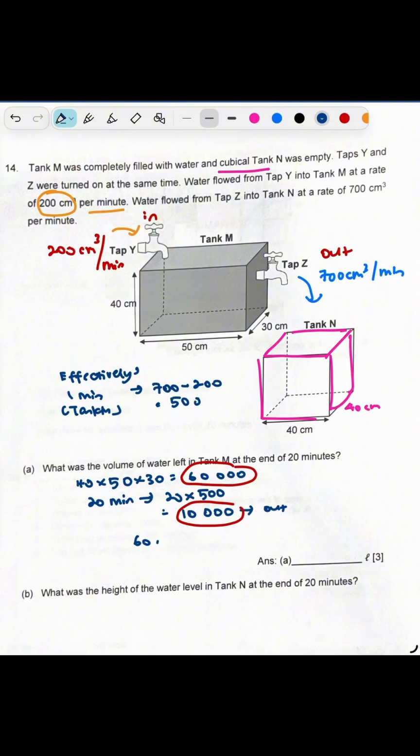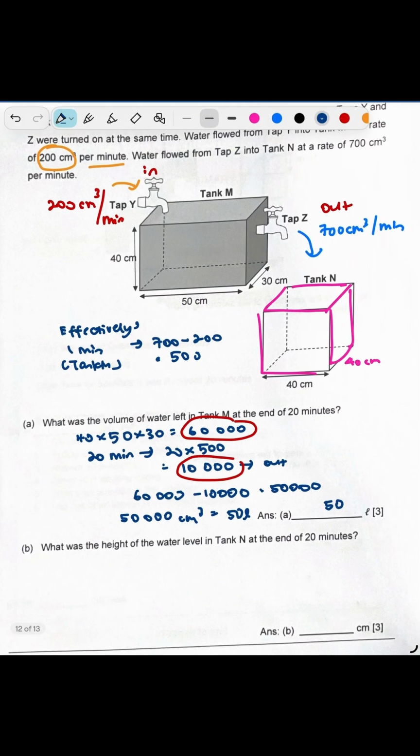I take 60,000 minus 10,000 to give you 50,000. So 50,000 cubic centimeter of water is 50 liters. Alright? So with that, we carry on.